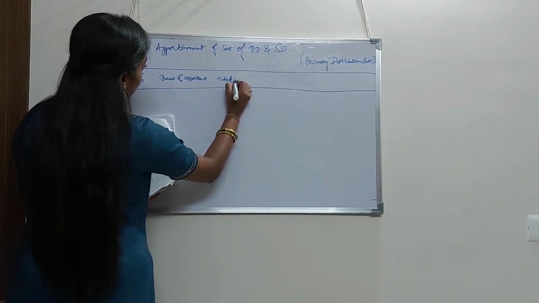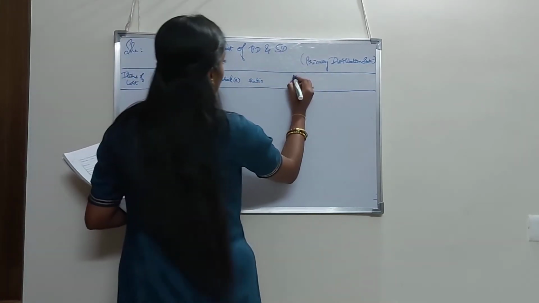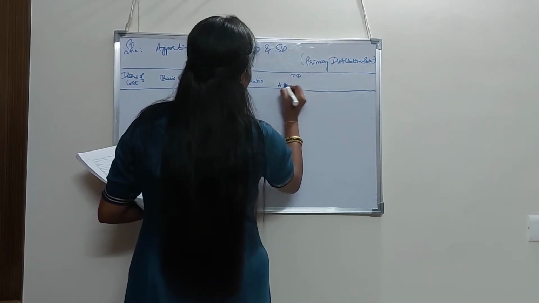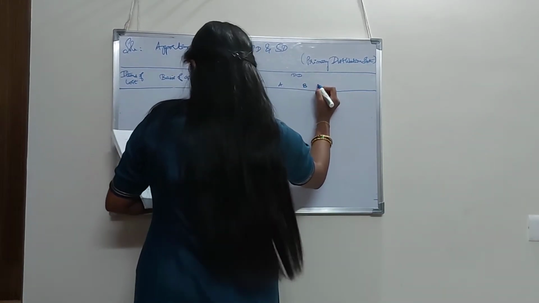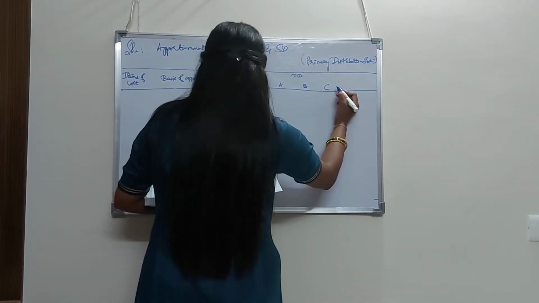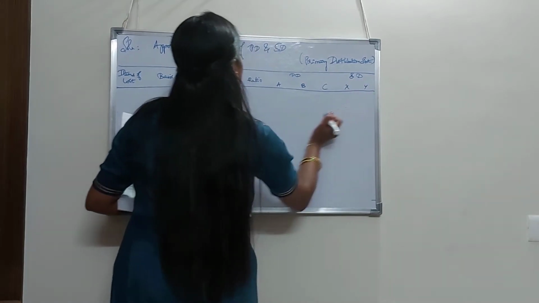Total would be in amount format. Then ratio. After ratio, production departments. The production departments would be A, B and C. Service departments we have X and Y.